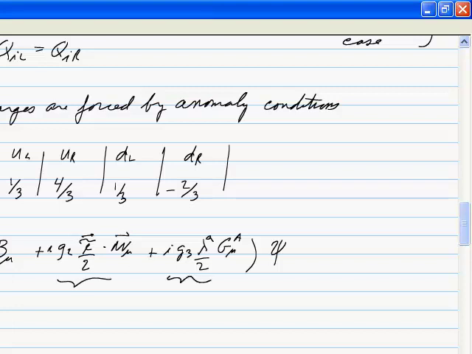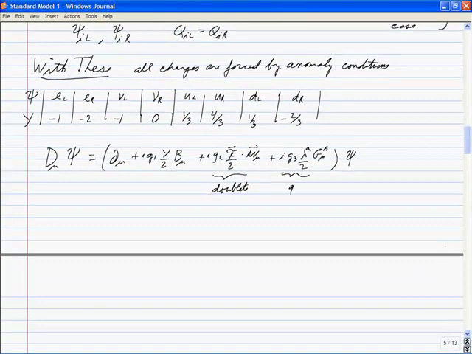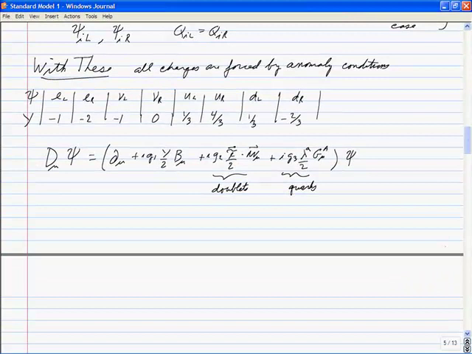And of course these are for doublets, and this one is for quarks. So this structure is forced on us by those conditions.